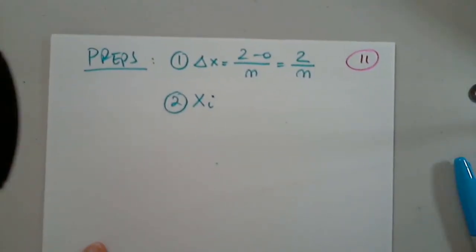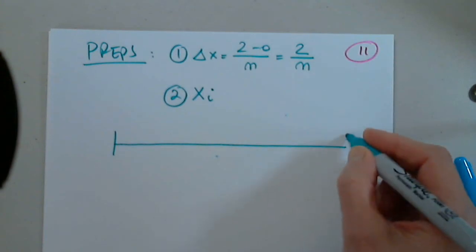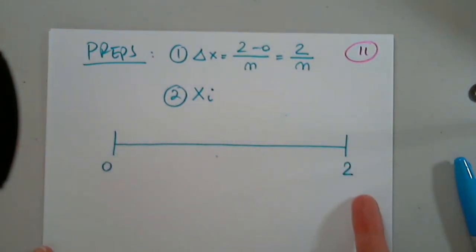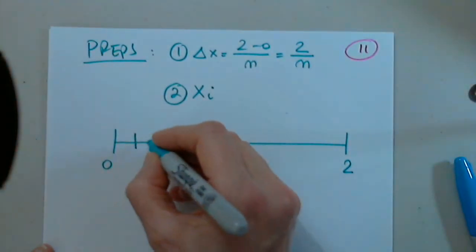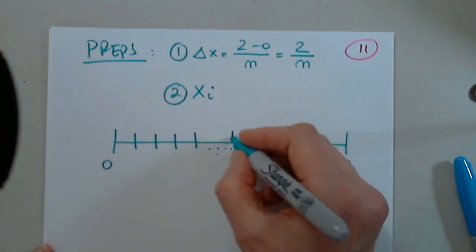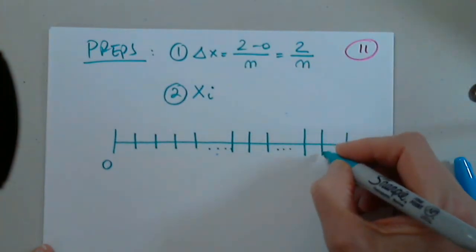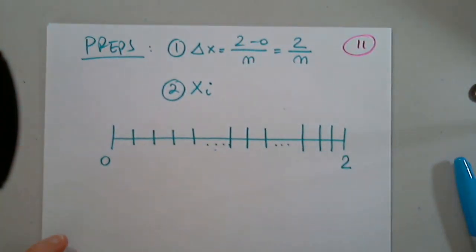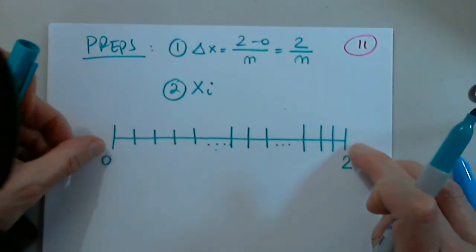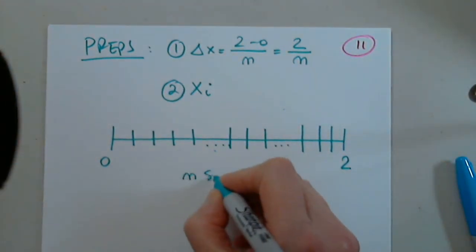So let me explain the xi. Zero is here, 2 is here. That's our interval. And I divide in equal pieces. I know they're not equal, sorry. So I divided the interval 0 to 2 into n subintervals.